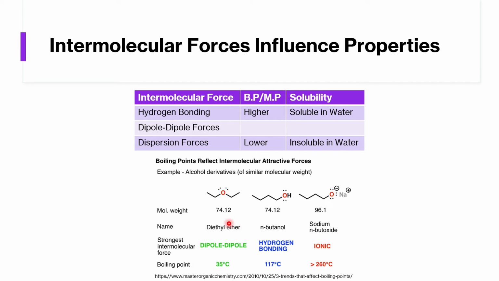Remembering that we don't focus too much on ethers really in this topic, it's just the example that I've got here. But for this one, there's just a dipole-dipole bond between the oxygens and the carbons. But because the intermolecular forces between this molecule and another diethyl ether molecule are weaker than the intermolecular forces for the butanol, the resultant boiling point is lower. It will also have a reduced solubility in water.